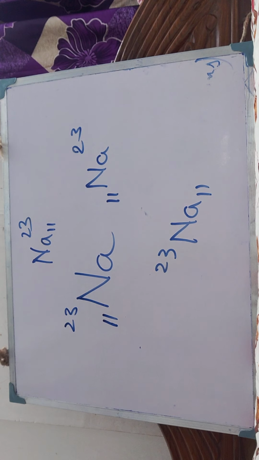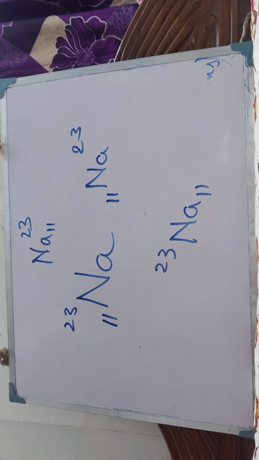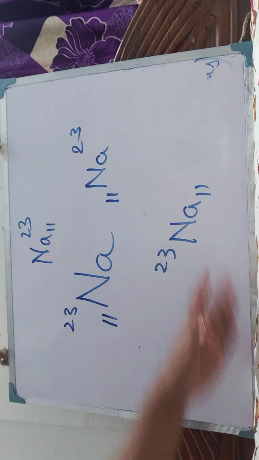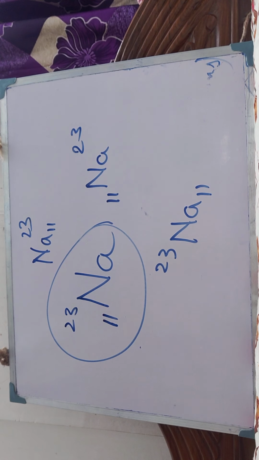Wherever you put the atomic number, it should be at the bottom. It doesn't matter whether you write it on the left or right. It should be at the bottom, and the mass number should be at the top. So all these four conventions are correct, but according to NCERT, this one is considered correct. So I suggest you follow this one. This is how we write the atomic number and mass number while writing the symbol of an element.